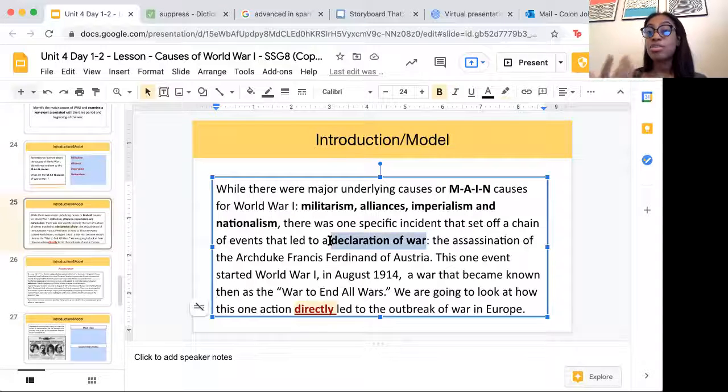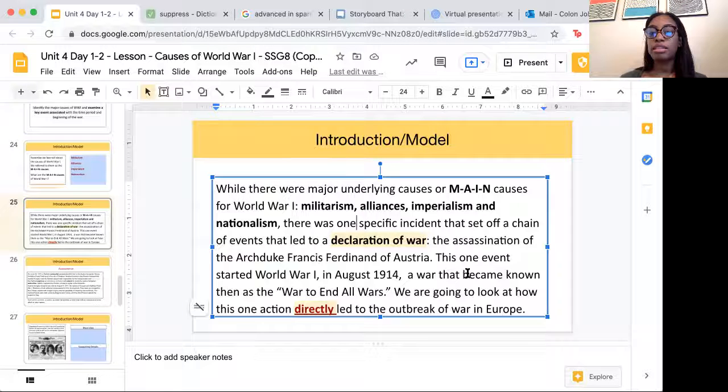A declaration of war is something formal, a formal document that says there is a war that's going to happen. And in this case, the event that's going to set this off is the assassination of Archduke Franz Ferdinand of Austria. So this one event started World War I in August 1914.